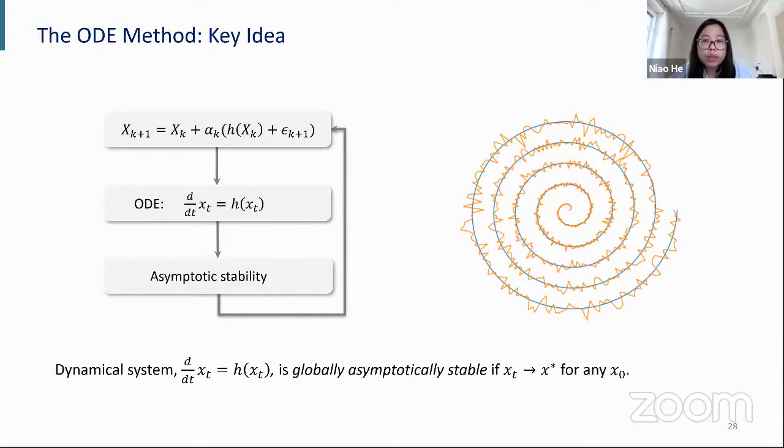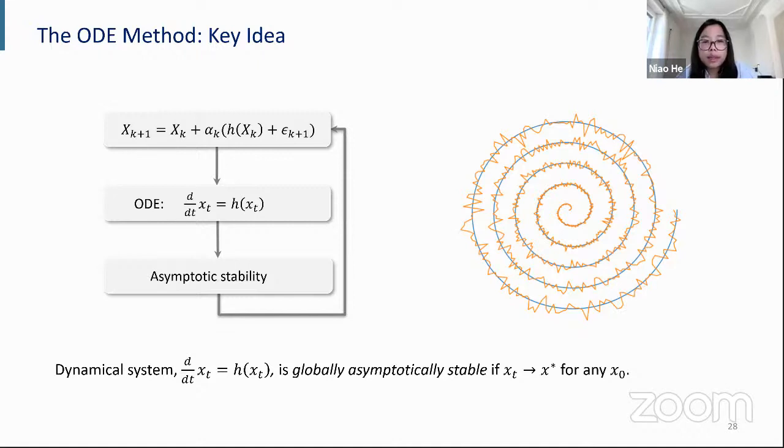If the underlying ODE is asymptotically stable, then it guarantees the convergence of this stochastic approximation algorithm. And by asymptotic stability, we're really saying that the solution of the ODE converges to some equilibrium point for any arbitrary initial condition. So this is the key idea of the ODE approach.